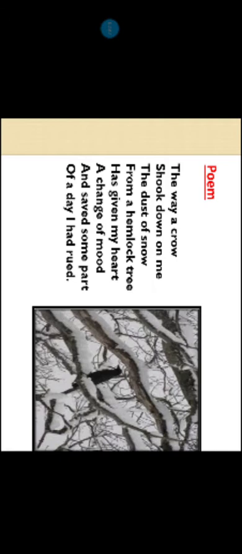When this happens, the poet becomes happy. If this had not happened, he would have been sad that whole day. So he says that this has saved some part of my day.